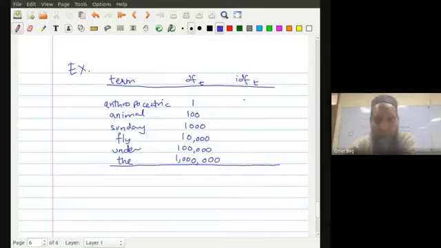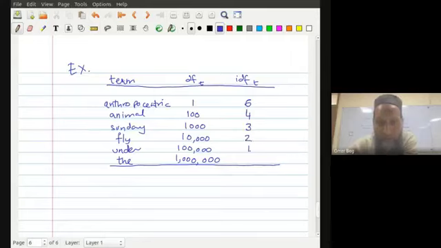So the IDF, which would be the inverse, actually captures the reverse order of magnitude. IDF for anthropocentric turned out to be 6. For animal, it turned out to be 4. Sunday, 3. For fly, 2.